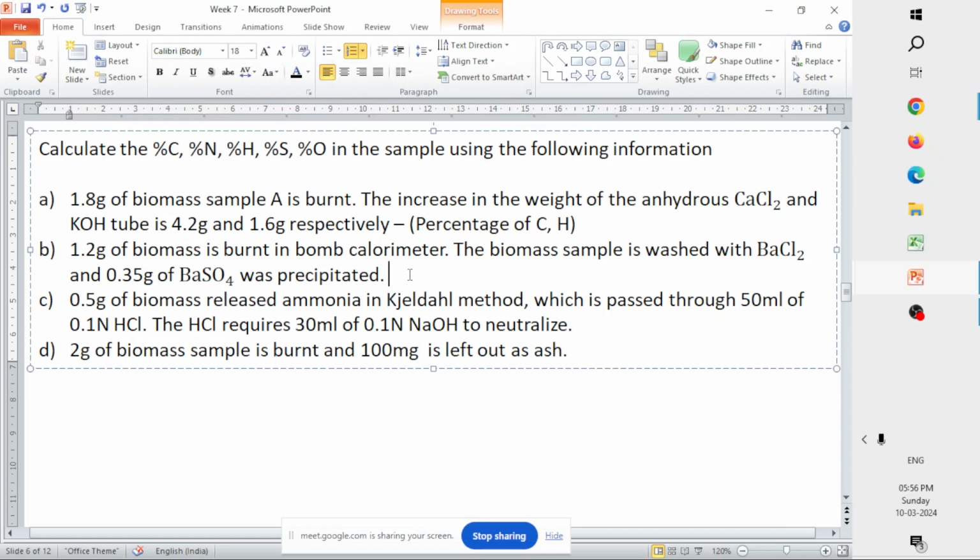And the B part, you are going to use barium chloride. This barium sulfate precipitation we saw when we were dealing with calculating the percentage of sulfur content. And then Kjeldahl method is used to identify your percentage of nitrogen content.